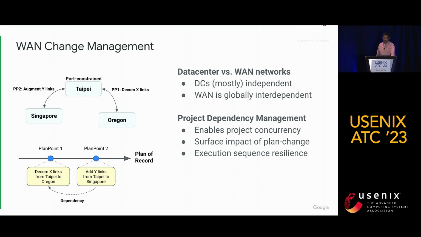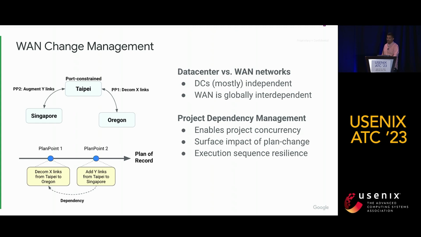Let me describe another case study, WAN change management. Most of the change at a data center fabric happens within the data center itself, so that deployment projects in multiple data centers can more or less operate independently of each other. Our WAN, on the other hand, is a globally connected network, and these projects are often interdependent, and with planning support can form long dependency chains.